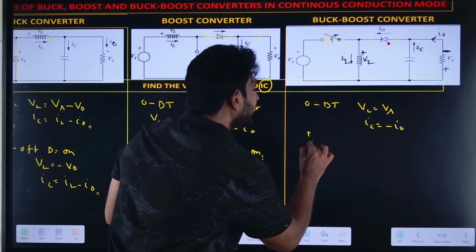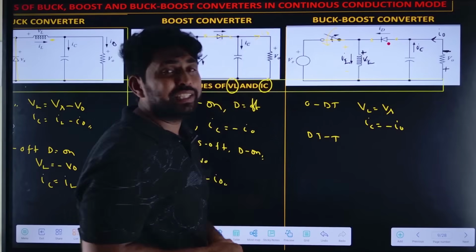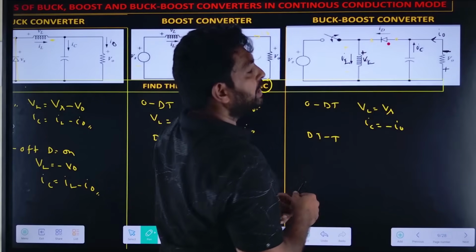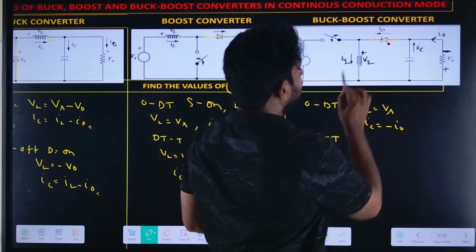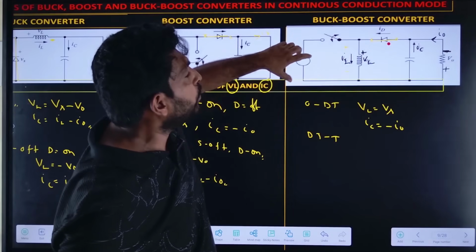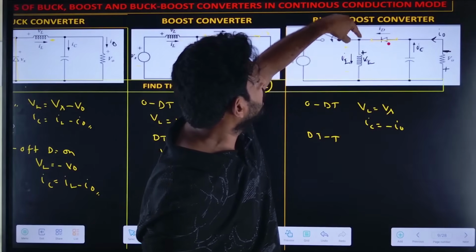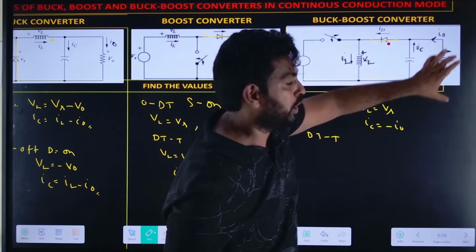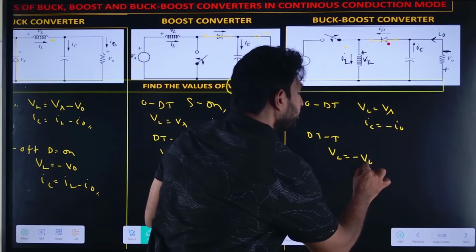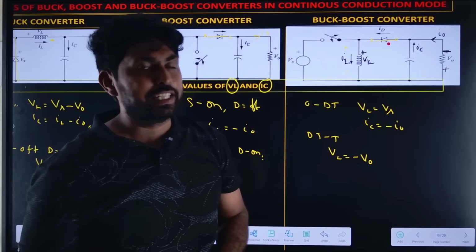Now let us find for the dt to t period. During the dt to t period, what happens? The switch S is in open condition. The diode is in on condition. So when the diode is on, this circuit source is isolated now. So VL equal to minus V naught.